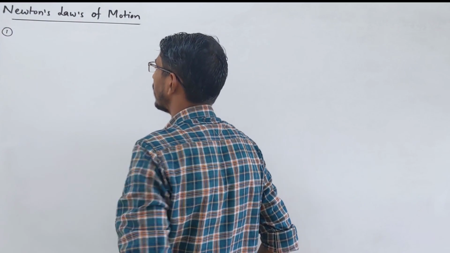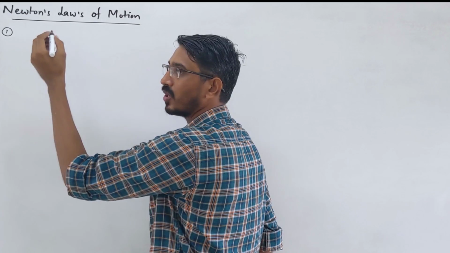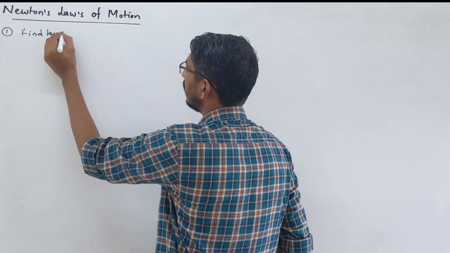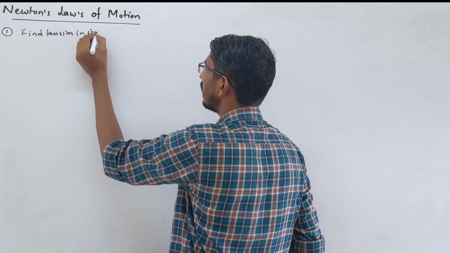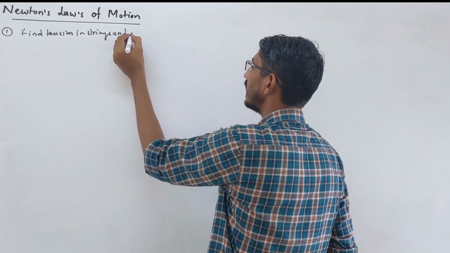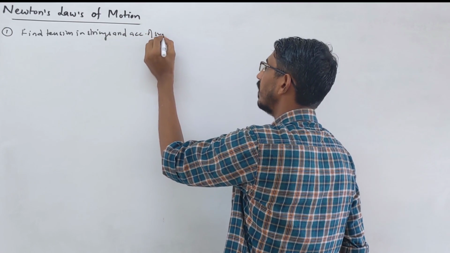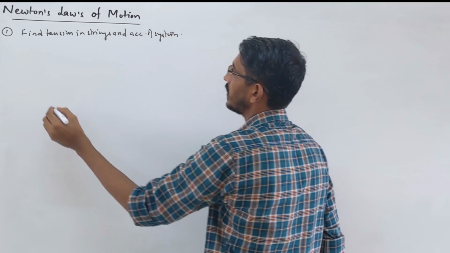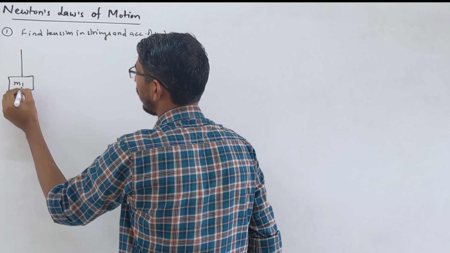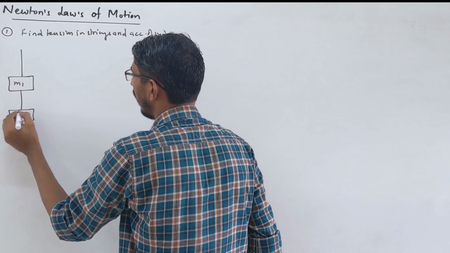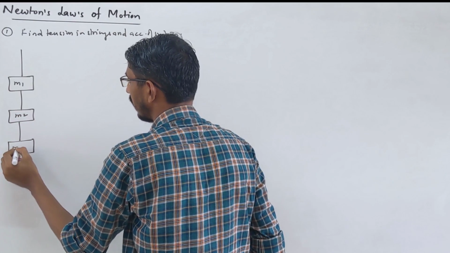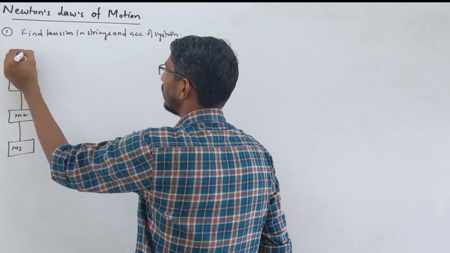Okay, let's see a numerical example on vertical motion of the blocks. Find tension in strings and acceleration of our system. Some picture is given to you. Some blocks are there: this M1 block, M2 block, and M3 block. We applied some force here.